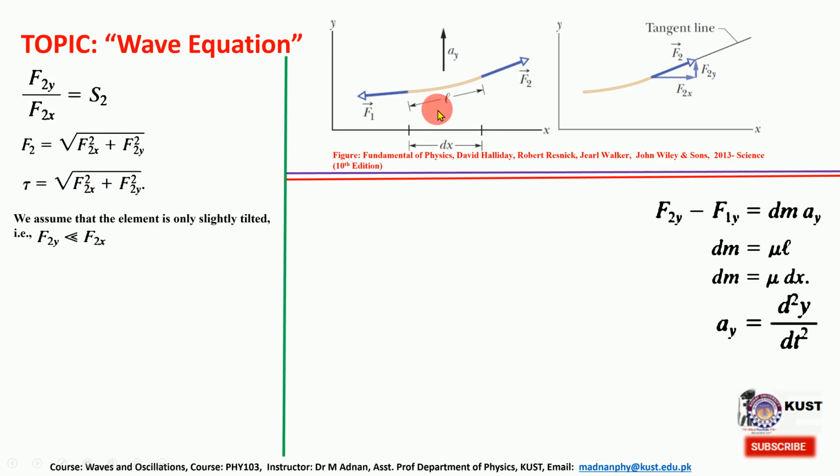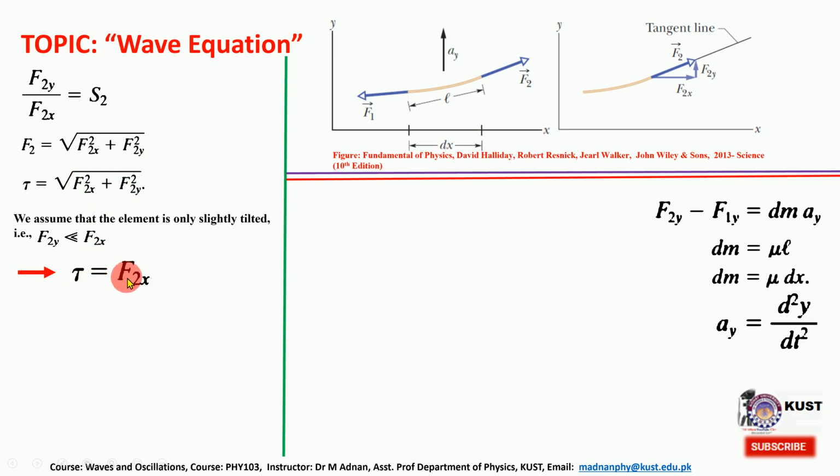Now we are assuming small amplitude waves, so that the element is only slightly tilted, so that this F2, the vertical component, is smaller compared to the horizontal component. This portion is small compared to this one. So under this condition, the tension tau will be equal to F2x, since this is small compared to that.